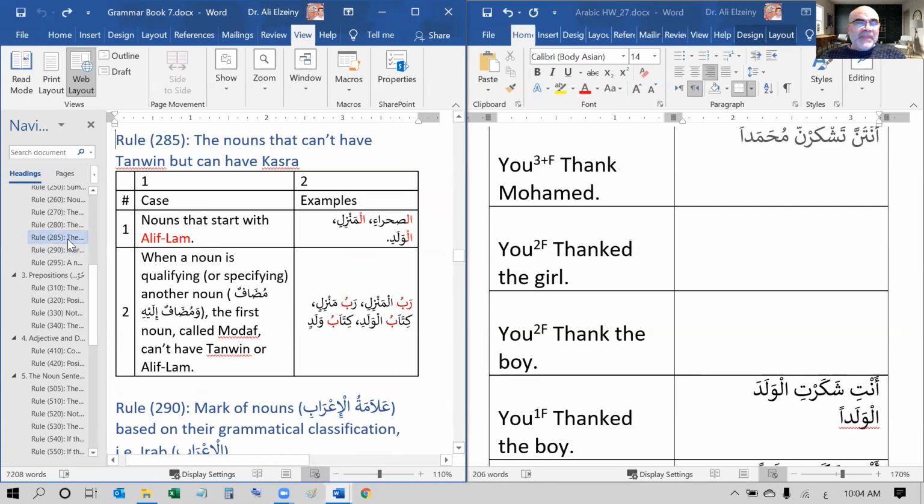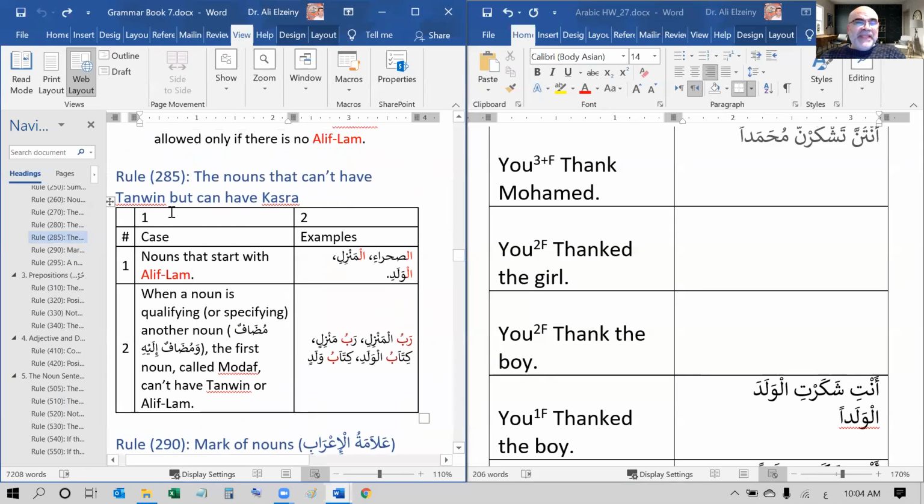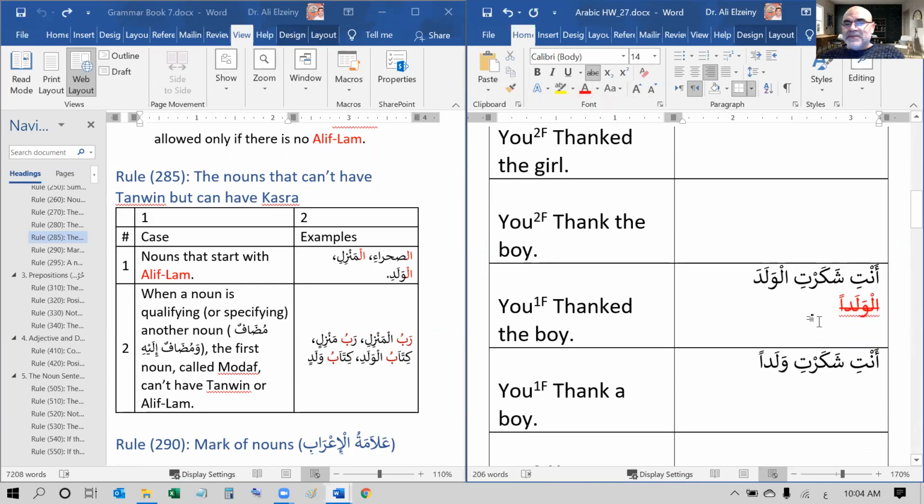And it says that nouns that start with alif lam, the cases that cannot have tanween but can have kasra. So any noun that starts with alif lam cannot have tanween. Okay, so therefore this one is wrong.